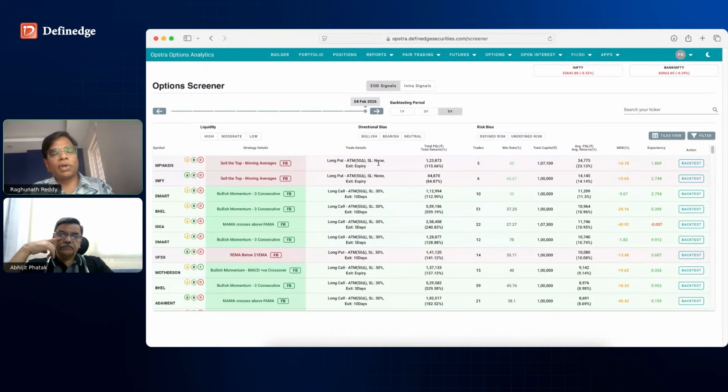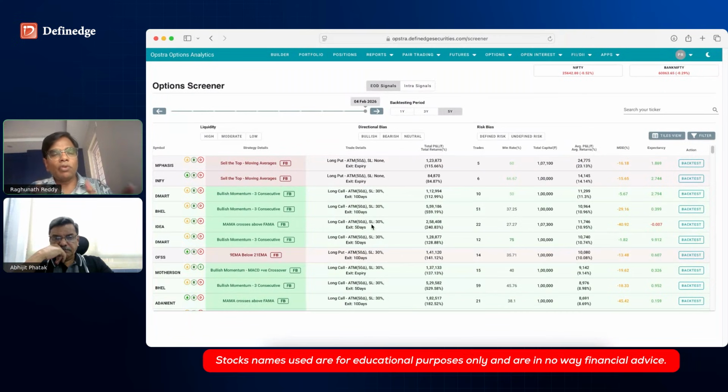These conditions were optimized by us by looking at different combinations of backtesting parameters. We reached these particular parameters, which we feel are good default parameters. But if you want to adjust or change those further, you can always do so by going to the backtest on our OPSTRA backtesting platform.